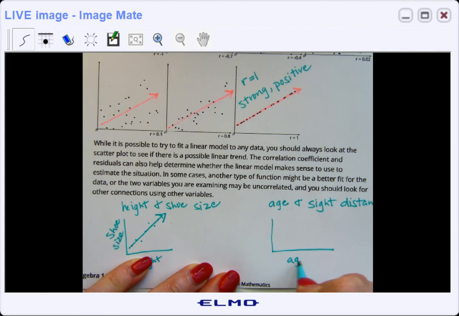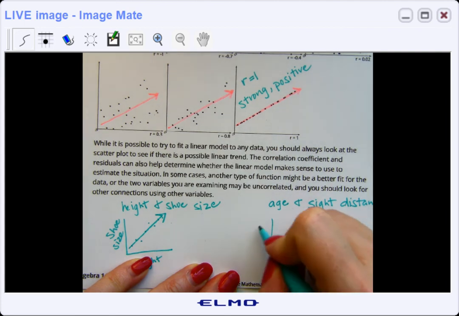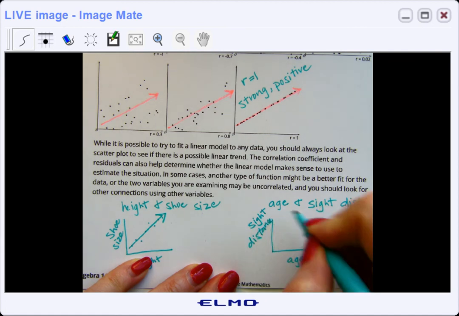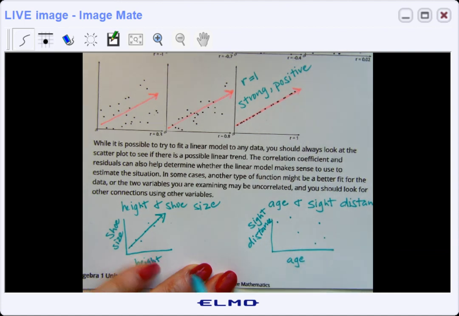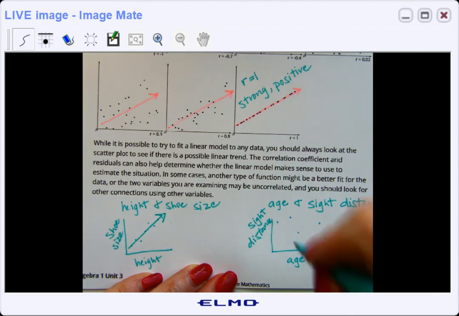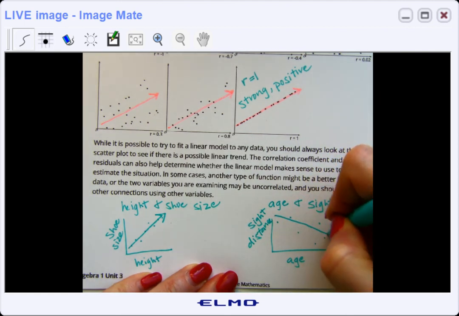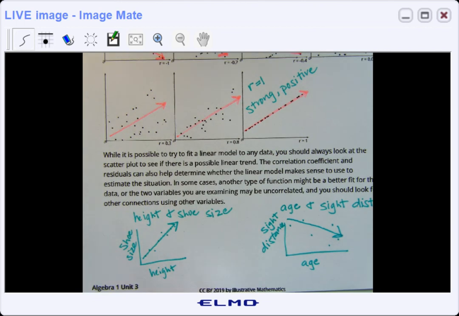As a person's age increases, their sight distance actually decreases. So it was a negative relationship, but it wasn't as strong as the previous example of height and shoe size. Something like that.